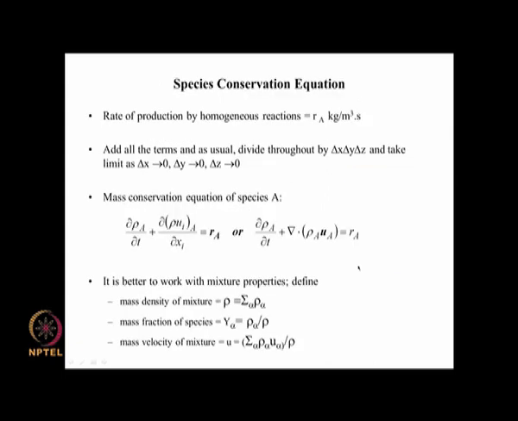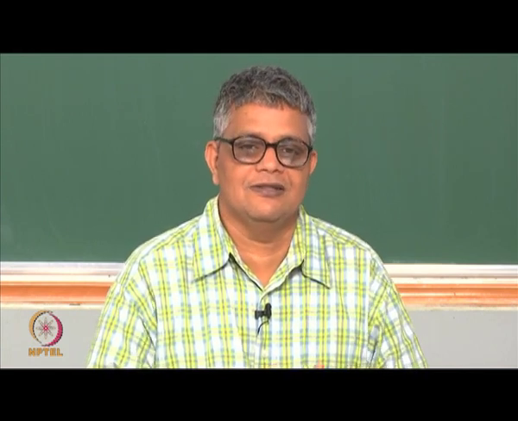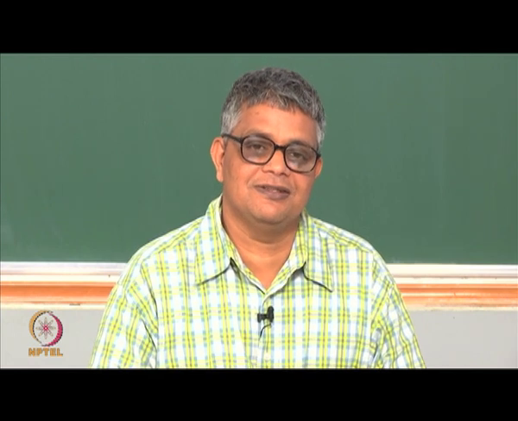So if we do that, then for each species we will have a mass conservation equation, 3 momentum conservation equations, 1 energy conservation equation, and that becomes a very tedious and very large set of equations when you consider a large number of species, and the number of species can be quite high in certain cases. For example, in combustion people are dealing with tens and even hundreds of species.